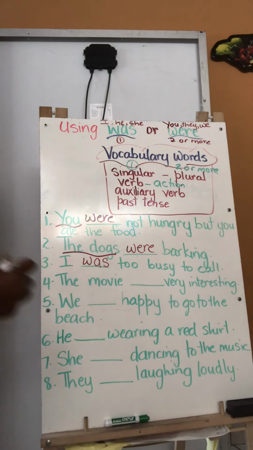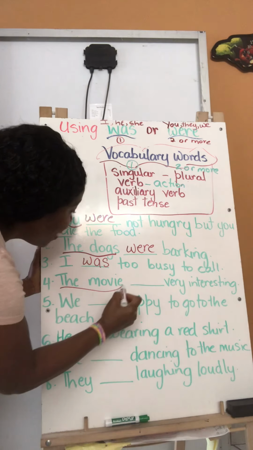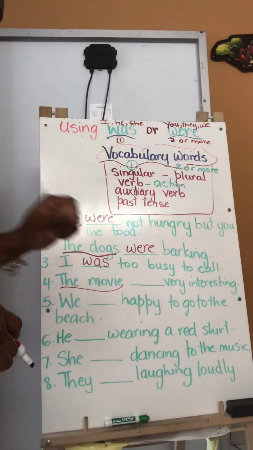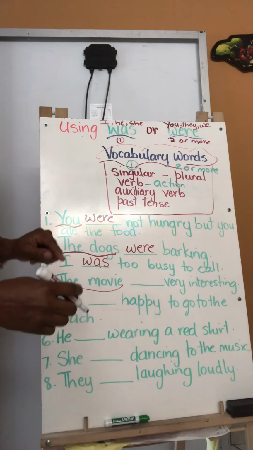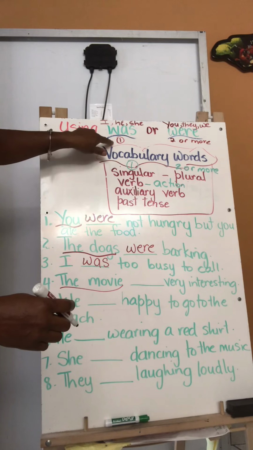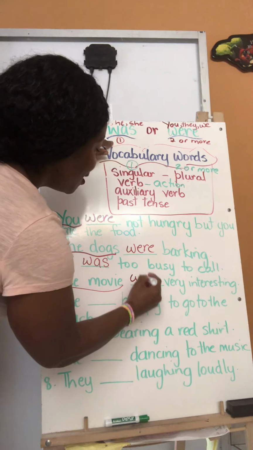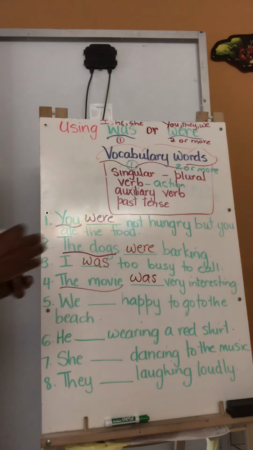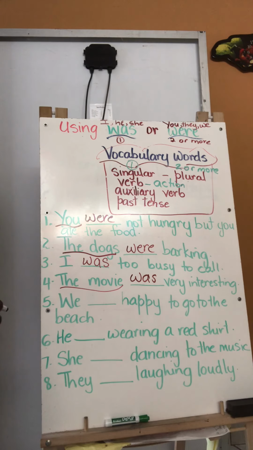What did you choose? Remember, how many movies are we talking about? Only one, the movie. So, since it is one, we're using was. Give yourself a pat on the back. Good job. All right, let's go to 5.